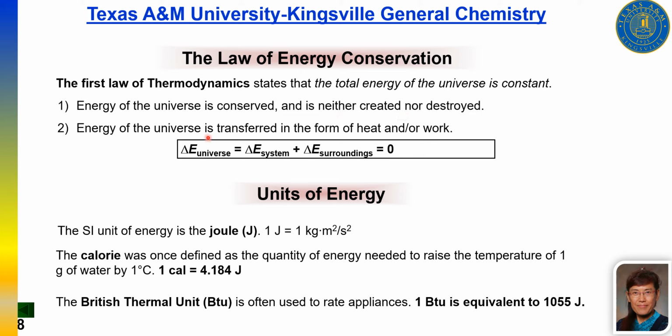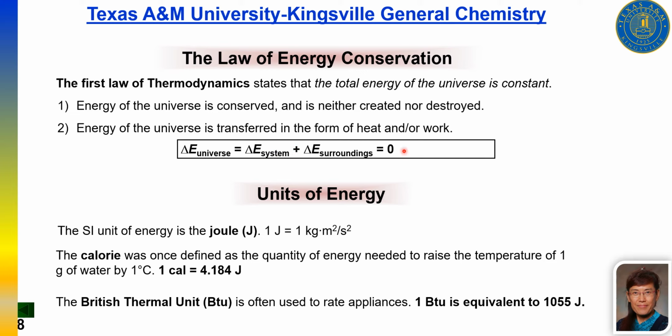The energy of the universe can be transferred in the form of heat and work, or either in the form of heat or work. The delta E for your universe, the energy change of your universe, equals the energy change for your system plus the energy change for your surroundings.